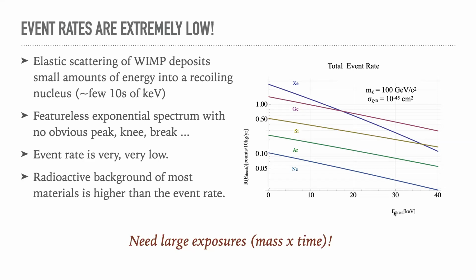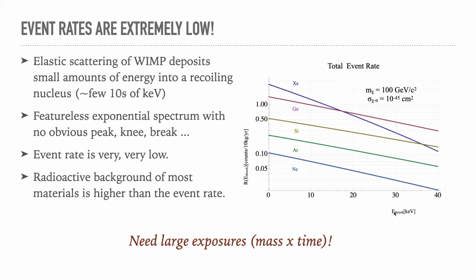The other thing to note is that the spectrum is featureless. There are no knees, no breaks, no kinks that can help us identify what's going on. The event rate is very, very low, as I just illustrated. At one event per keV for 10 kilograms per year, the radioactive backgrounds of most materials are much higher than the event rate.